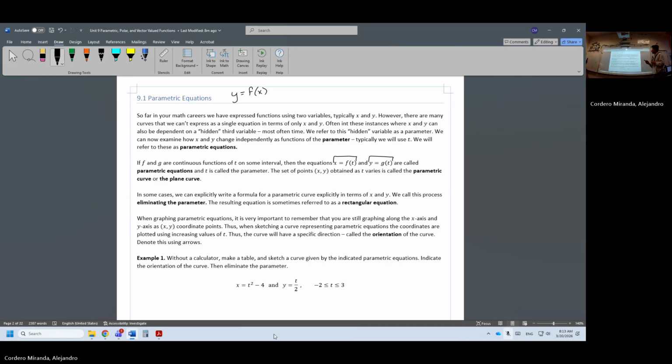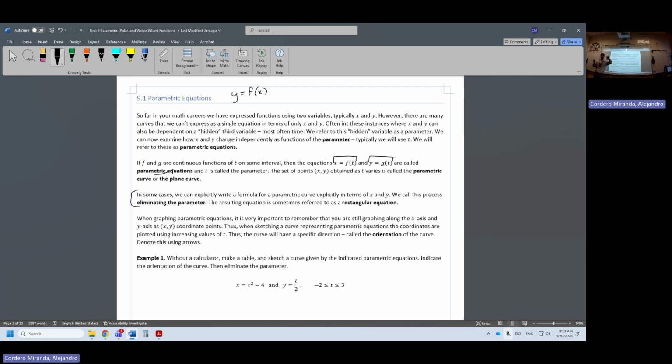And here's something important too: sometimes you can express parametric equations as a normal function, but a lot of times you can't. That's the whole point of parametric equations, that you can combine them.